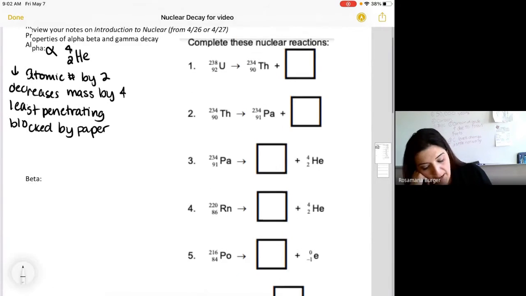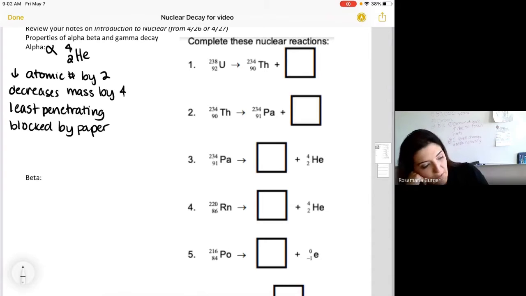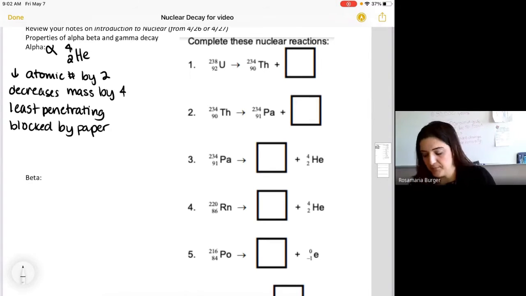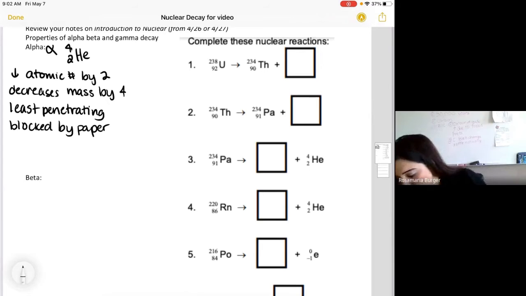So let me do an example. Let's say we have Eu, 63 is its atomic number, and we'll say its mass is 150 here, and it's going to undergo alpha radiation.